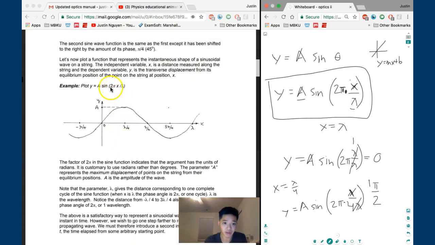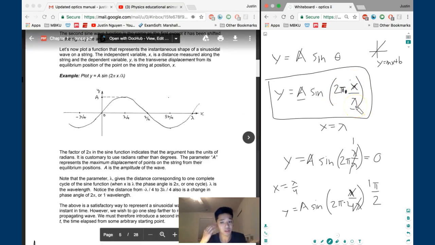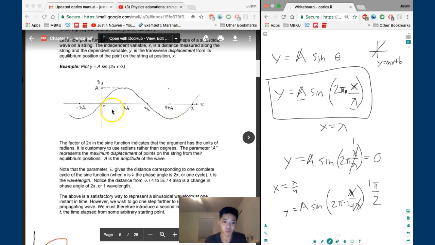The first equation in the last video is right here, 2 pi times x over wavelength. So I like to think of this as, how are you describing the sine wave based on wavelength and the position on the wavelength? Like, where is it on the x-axis?